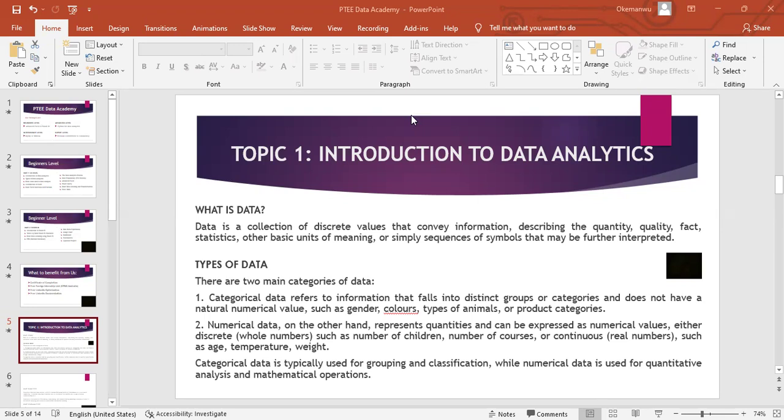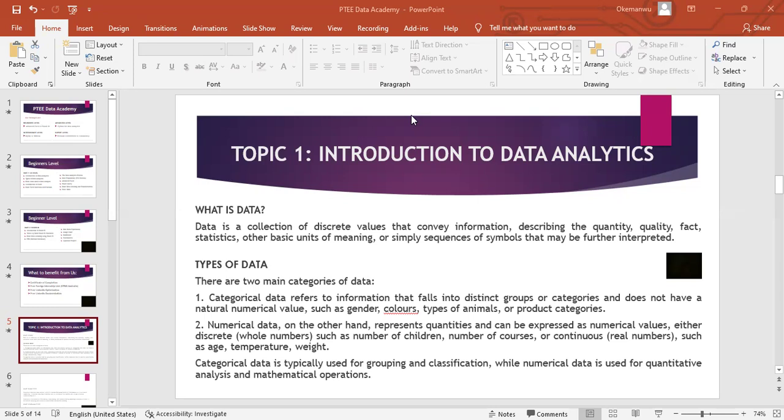Then the second one is the numeric data, which is also known as the quantitative type of data. These are represented in numbers. They represent information in quantities, in values. This is actually a figurative type of data, or number-based data type. You understand? Anything that has to do with number falls under this category of data.